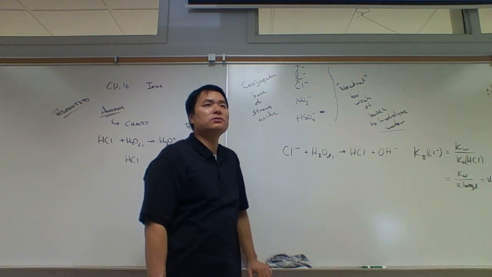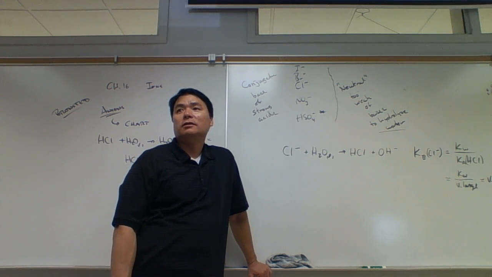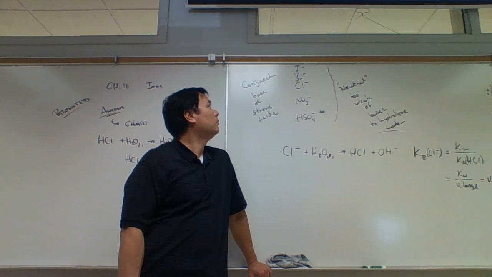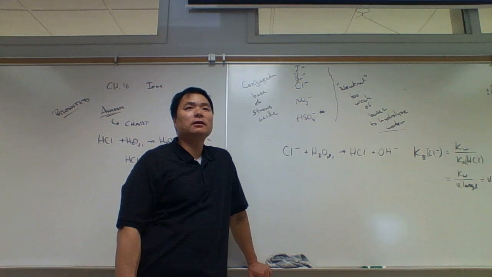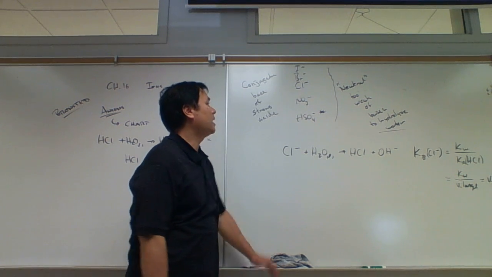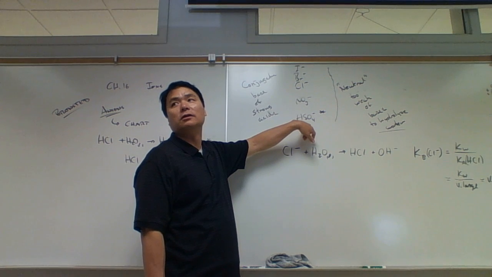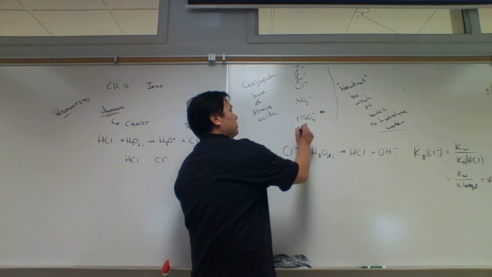What are the 7 strong acids that you memorized? What am I missing? So I got 1, 2, 3, 4, 5. I'm missing what? I have sulfuric acid forms hydrogen sulfate as its conjugate base. Perchloric acid, which would be ClO4 minus.